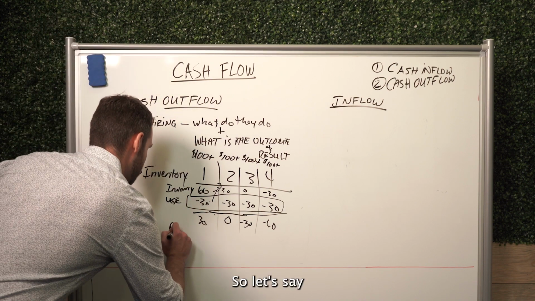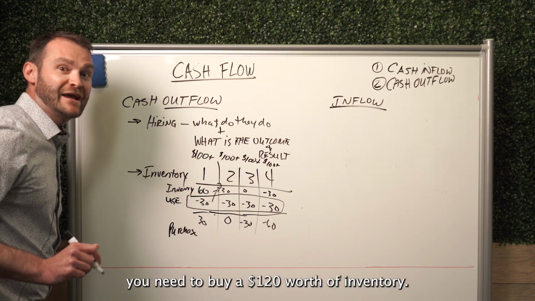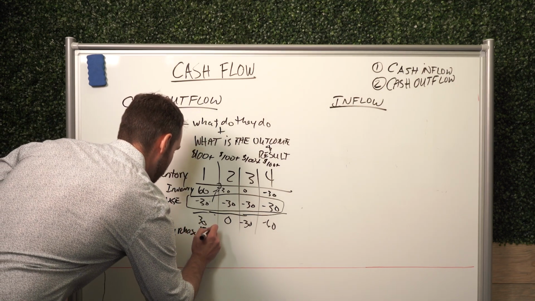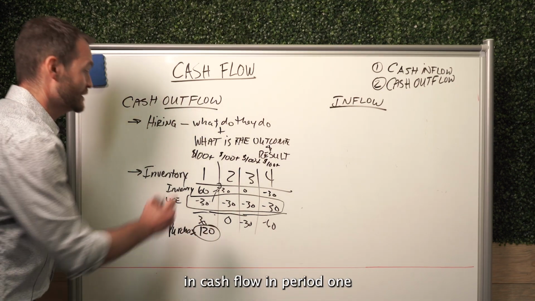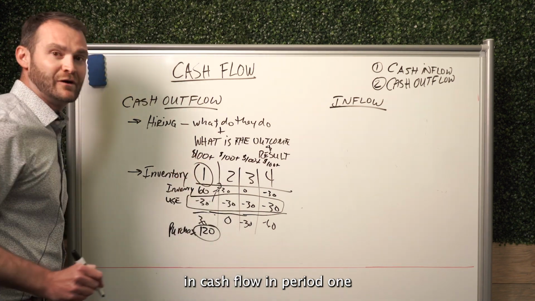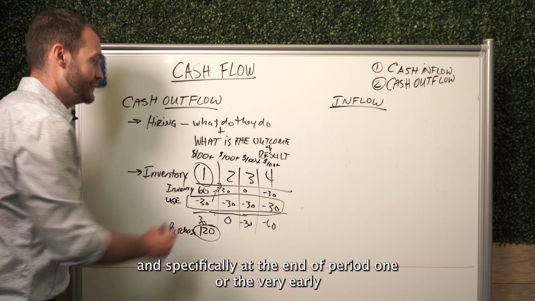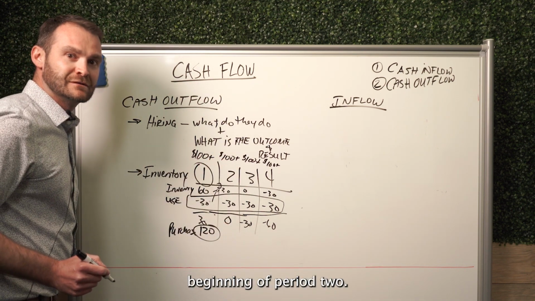So let's say you need to buy $120 worth of inventory. That is your expense that needs to be reflected in cash flow in period 1, and specifically at the end of period 1, or the very early beginning of period 2.